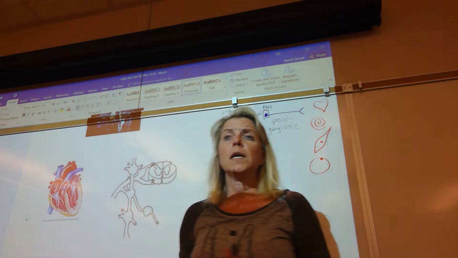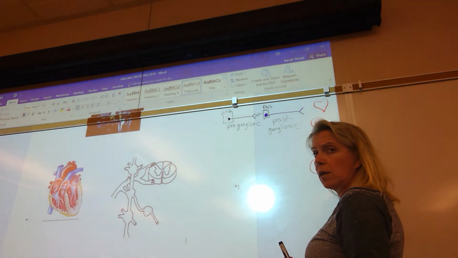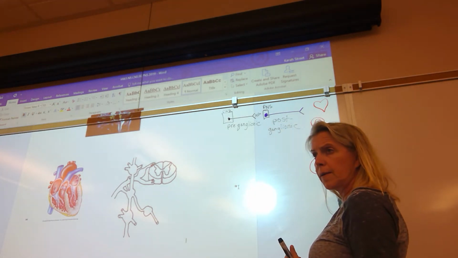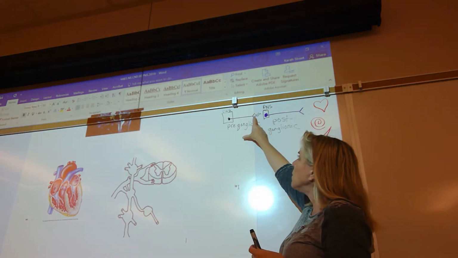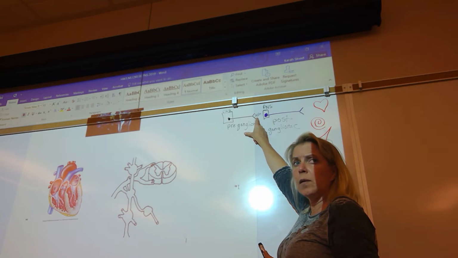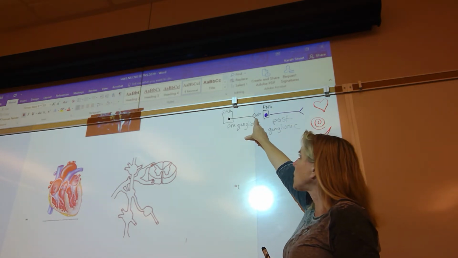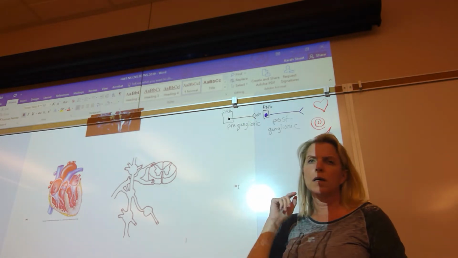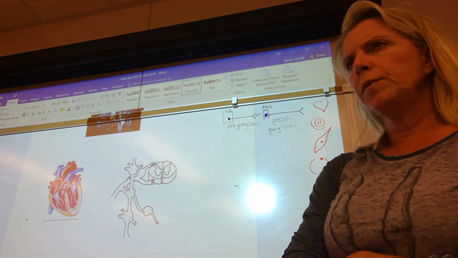They're communicating to involuntary effectors. For both divisions, sympathetic and parasympathetic, they use a 2-neuron chain. And for both of them, the first neuron always releases acetylcholine. Always. Always.